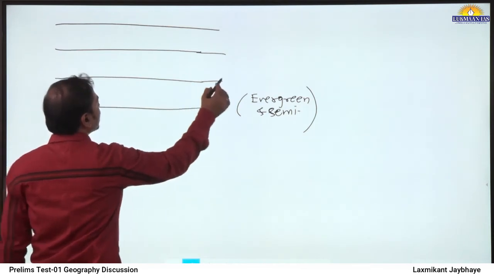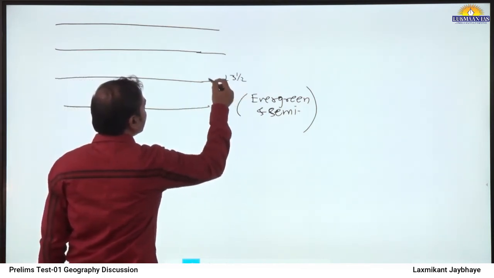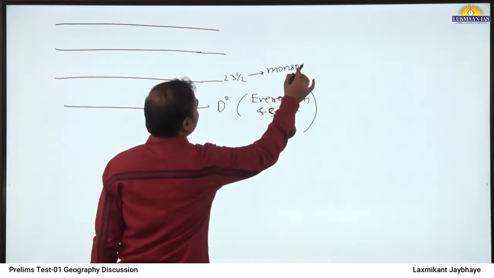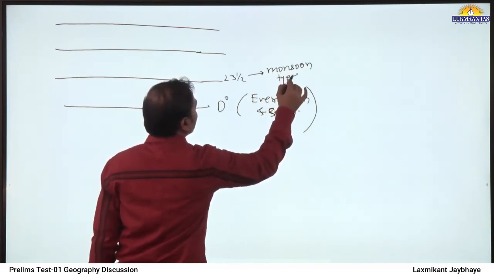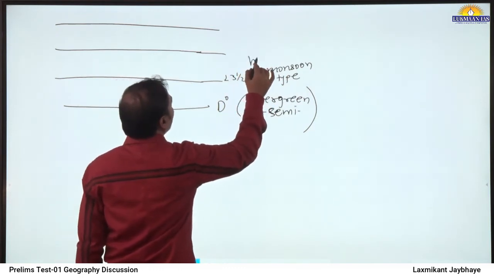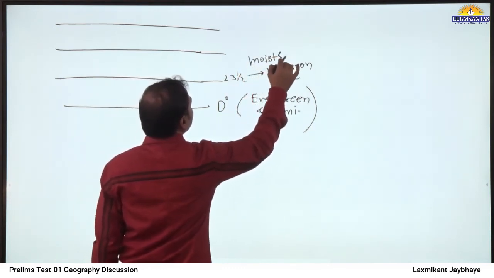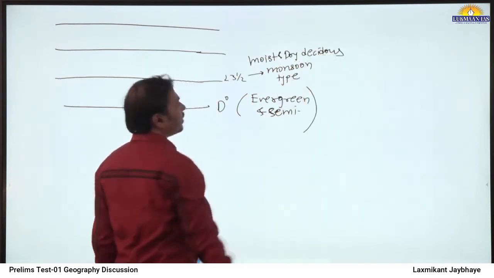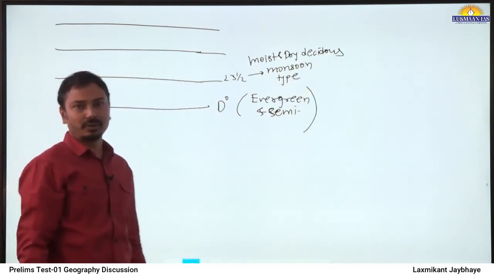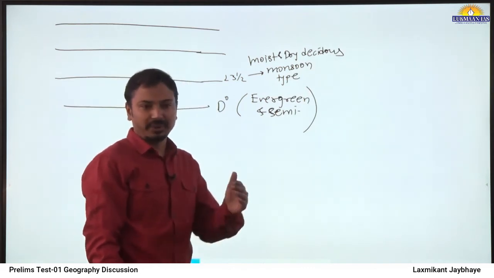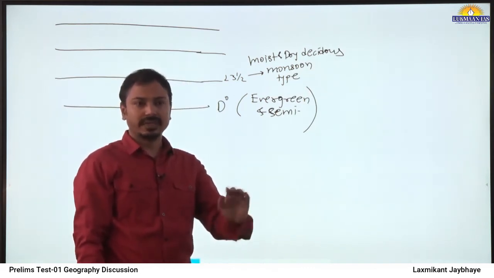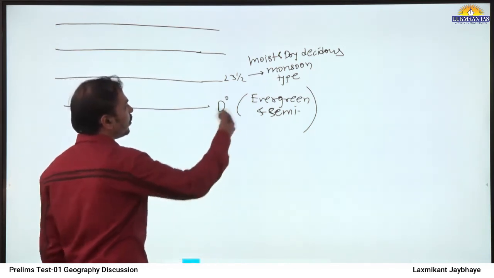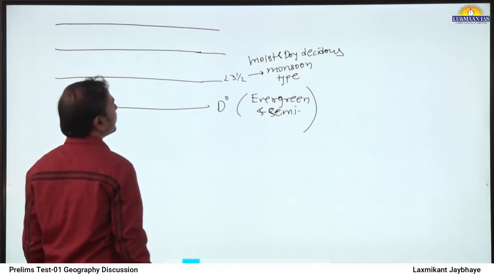Then as we move towards 23.5, within the tropics or subtropical region, in some part monsoon type of forest, in some parts you will find moist and dry deciduous. Tropical and subtropical. Okay, so depending upon rainfall, less rainfall, dry deciduous, comparatively more rainfall, moist deciduous or monsoon type rainfall forest we can say.